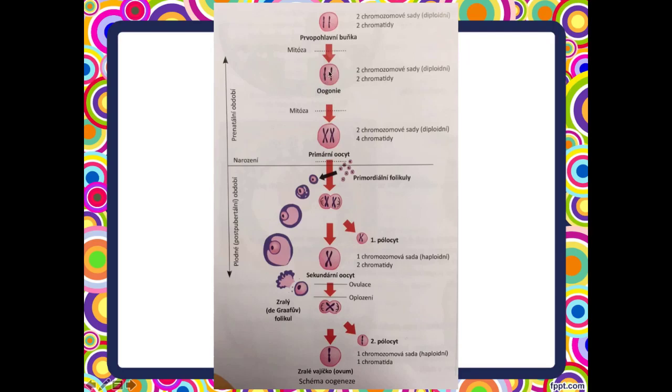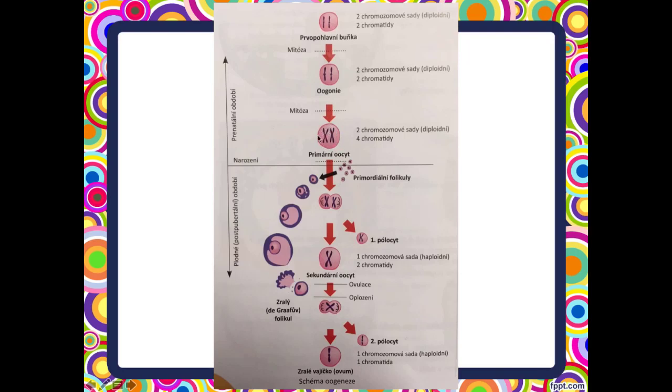chromosomal pair, like that. The oogonia will then again divide by mitosis, and during this mitosis they will increase the number of chromatids. They will duplicate the number of chromatids, like that.